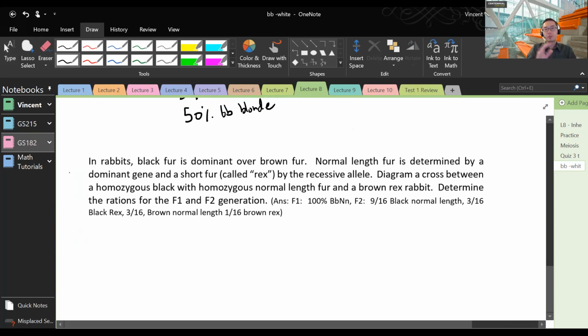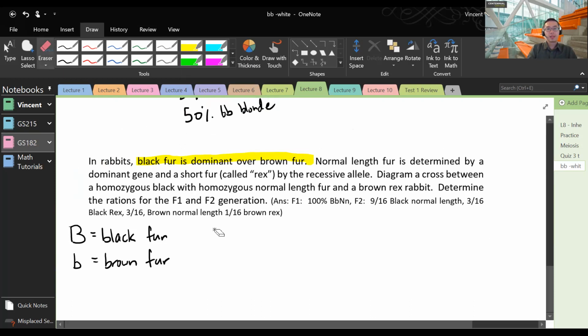Okay, so we have to write out all these things as soon as we see it, otherwise it gets confusing. If it's not confusing for you, good for you. It's confusing for me. So we write the big B. Big B is black fur, and that means small b is going to be brown fur.